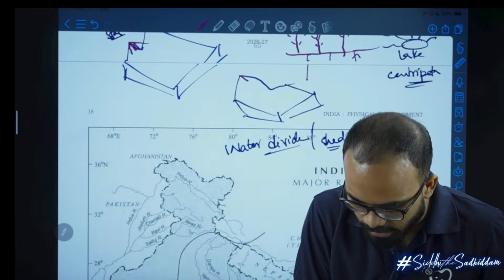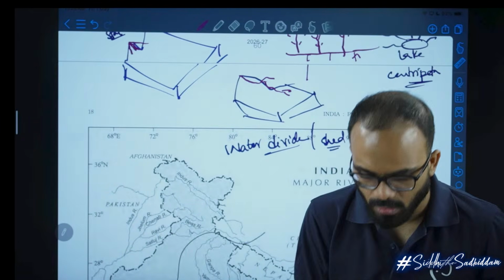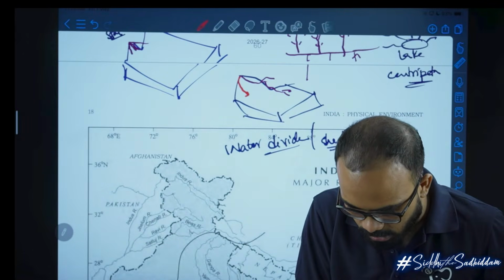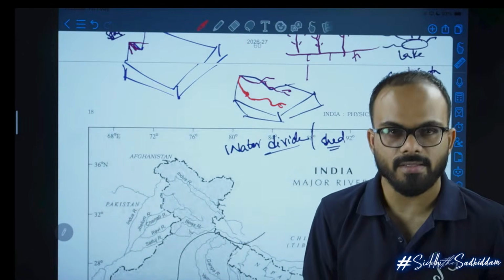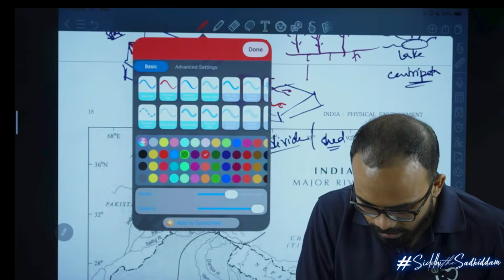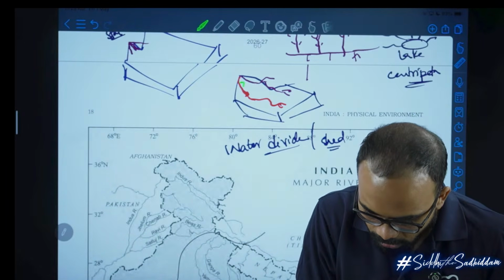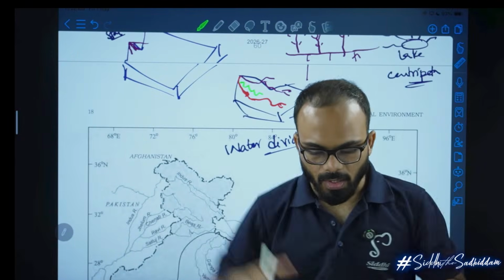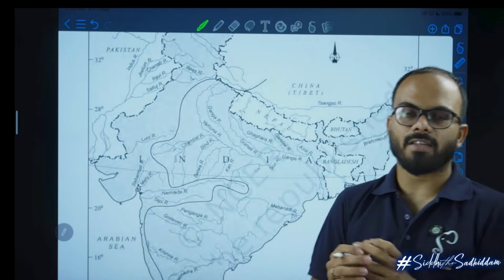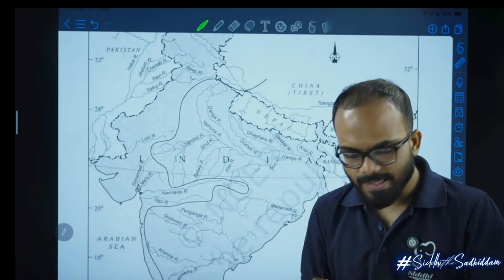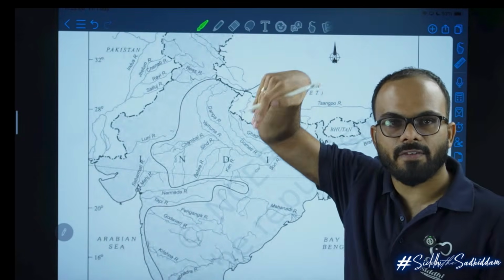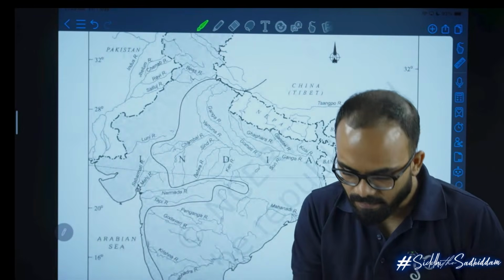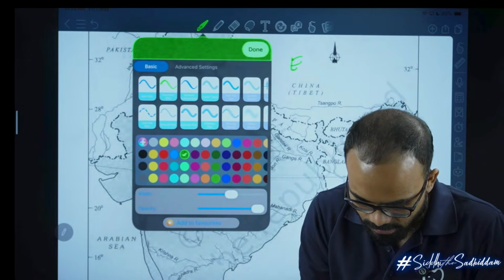First river flows like this and continues downwards, and there is one more river that starts here and flows like this. Between these two, there could be some boundary hill type of a line that divides both the drainages. So watershed is the line. In fact, watershed is a line or physiographic feature that divides two different drainages. In India, we have one east flowing drainage system.